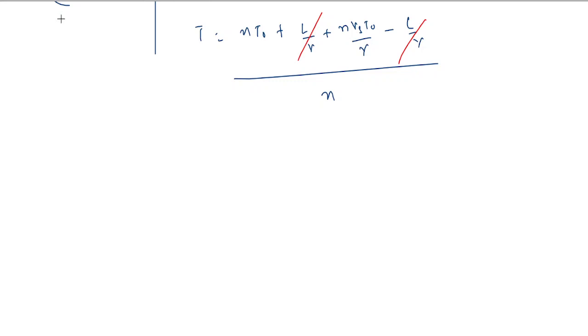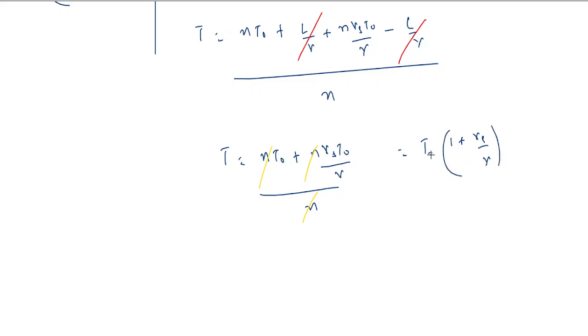So what we get from here is T is equal to (V n t naught plus n Vs t naught) by V n. Here n gets cancelled because n is a common term. Therefore what remains, if we take t naught as common, is 1 plus Vs by V. What is T in terms of t naught?